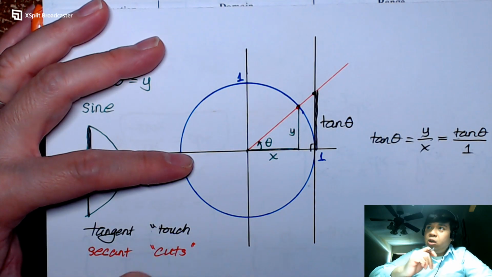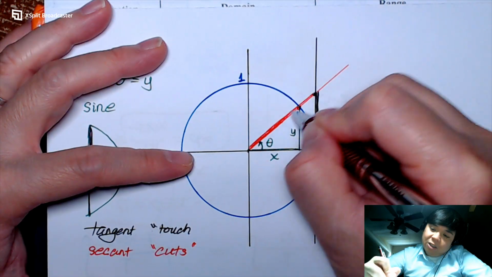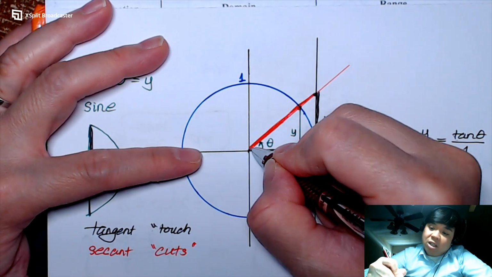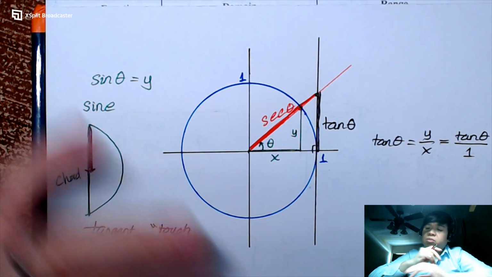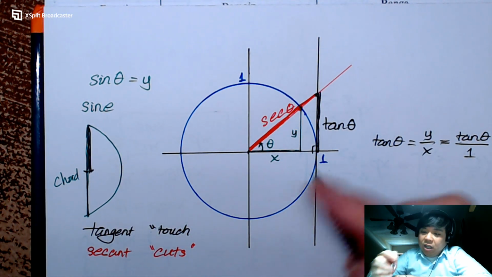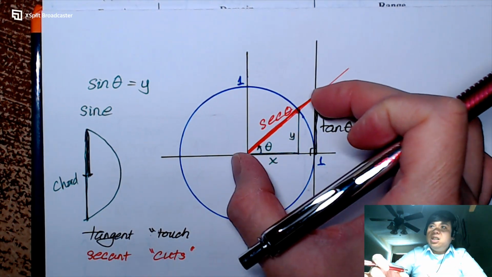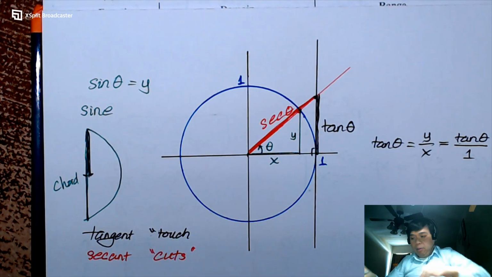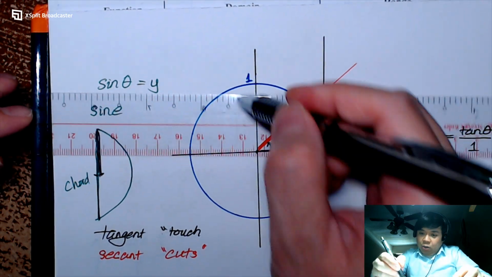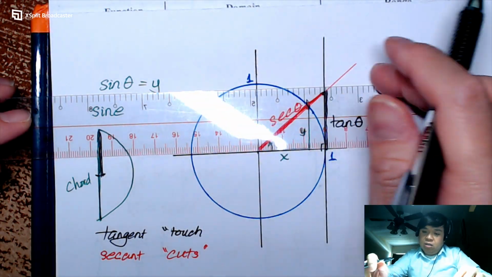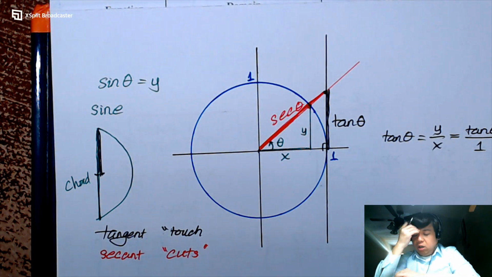So we cut the circle, and this distance, the distance from the center to the tangent line, that is the secant of an angle. Now, of course, you can see that 1 squared plus tangent squared is secant squared. So that works out. And then with that, we have x is cosine, and you draw this line, you have cosine, and you have cotangent and cosecant.